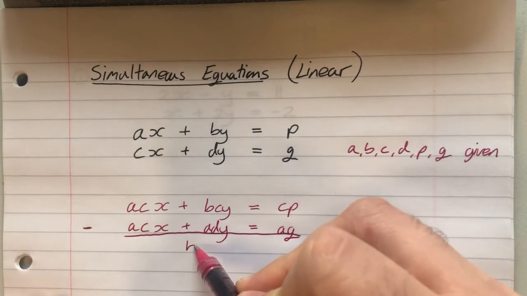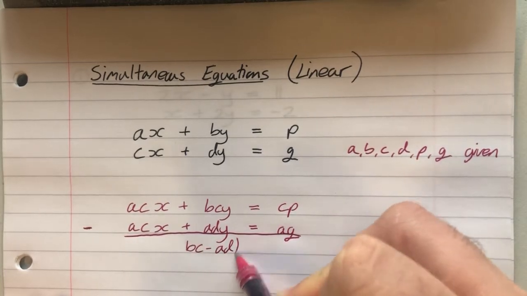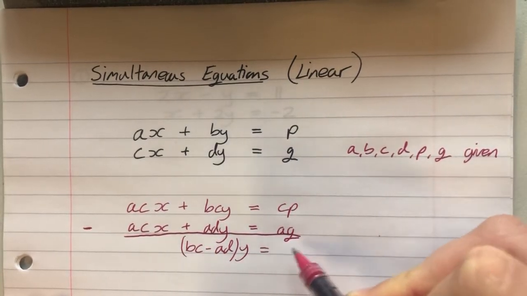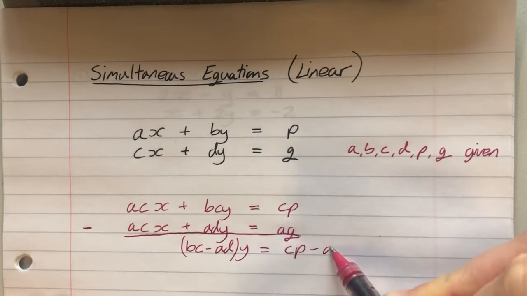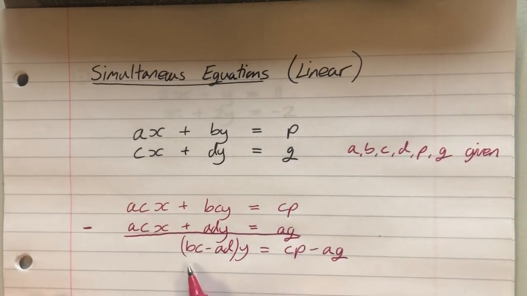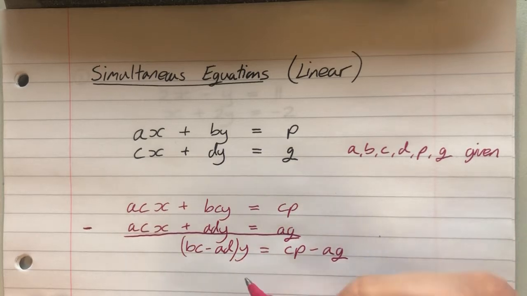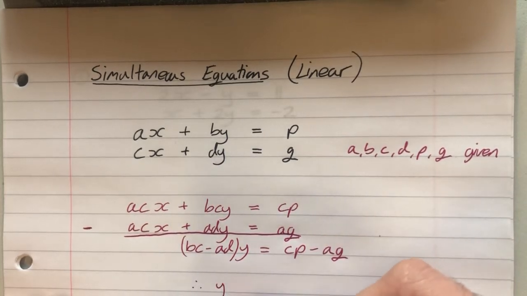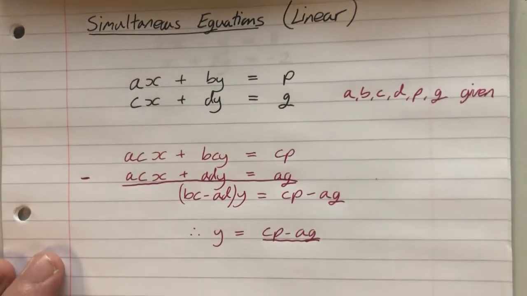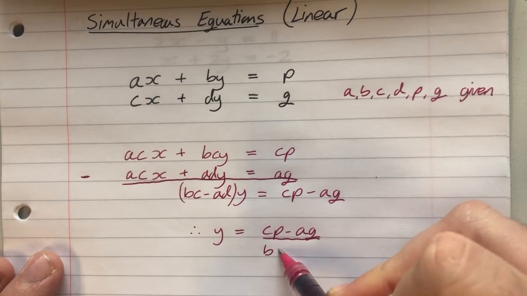So we end up with (BC minus AD) times y, and that's going to equal CP minus AQ. And providing that BC minus AD isn't 0, then we can say that y is equal to this number, which I know the algebra looks a bit horrible, but that's because this is just a very general case.